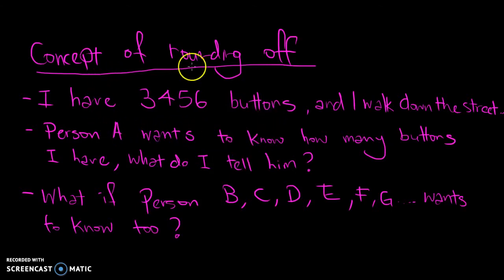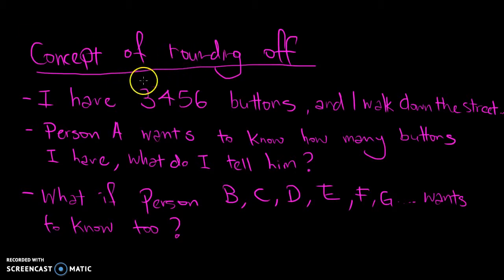What I'm trying to say is that the main idea in rounding off is simplifying a certain number so that it's easy to communicate as well as easy to share. That's the main idea. And when we round off, there are different ways of doing it.